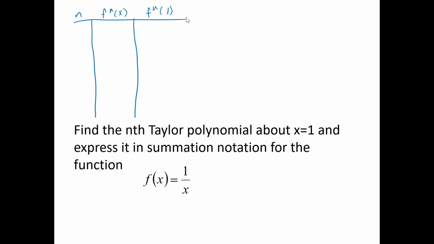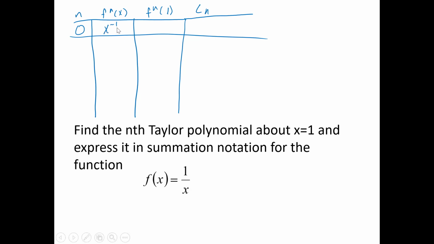This is a Taylor polynomial, so it's not a Maclaurin polynomial. We're not plugging in 0, we're plugging in 1. And then Cn. So when n is 0, we're dealing with x to the negative 1. And then we plug in 1, 1 to any power is 1. And so then C0 is 1.